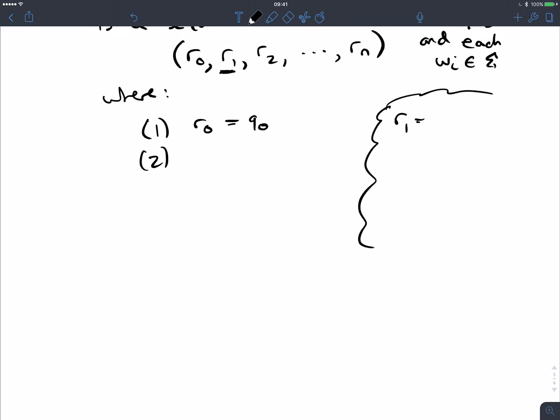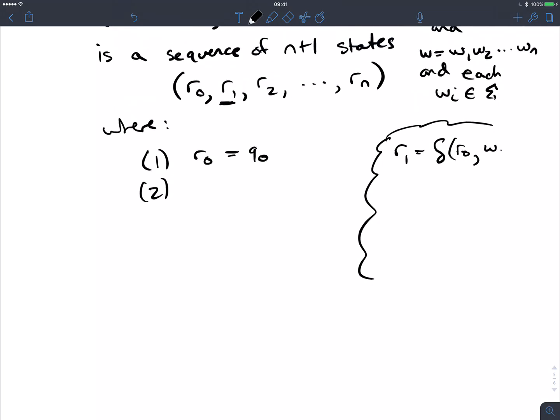So R1 happens to be the state that we get out of the transition function on R0 and reading what character? W1. Okay, so like in the previous example, R0 was Q0, and R1 in that case was Q1. So Q1 is the result of the transition function from Q0 reading a 0.